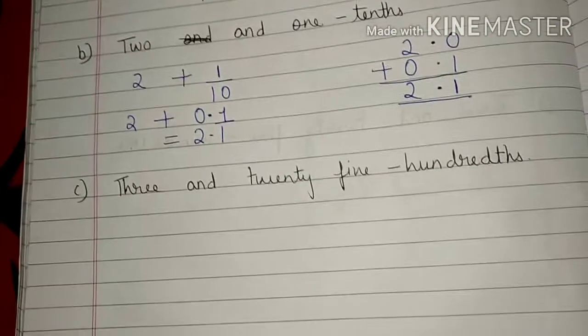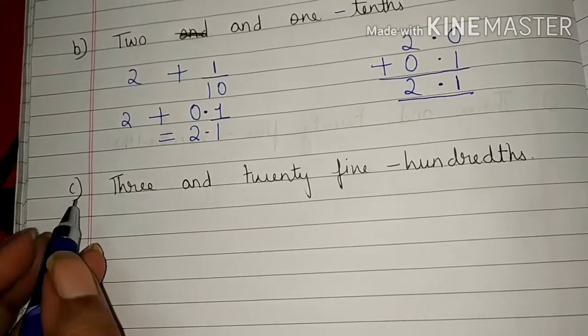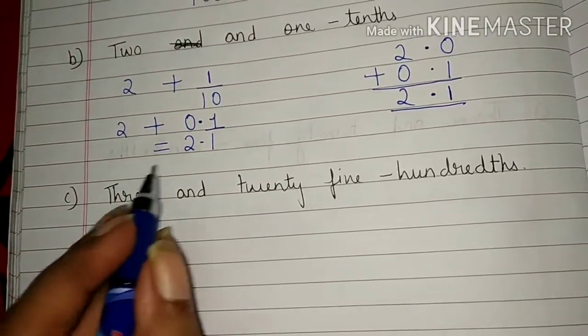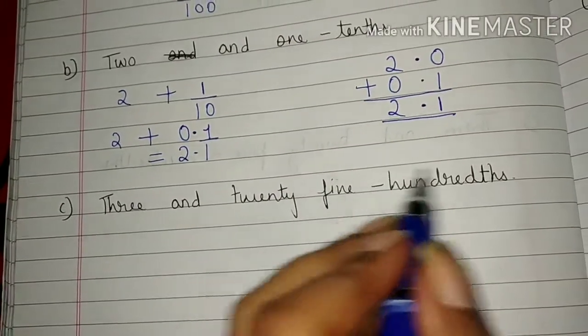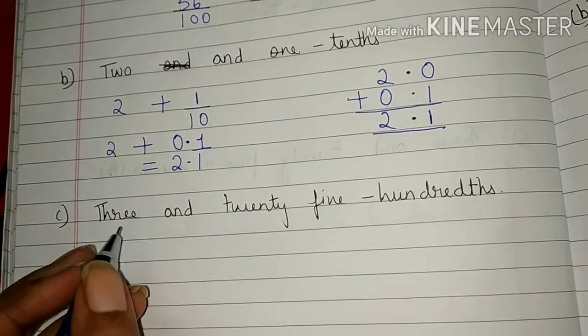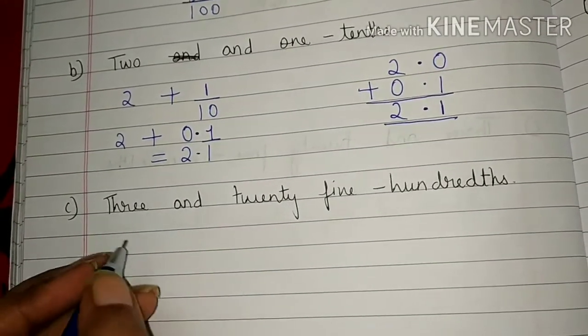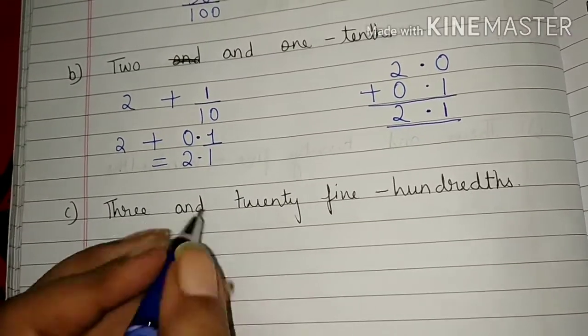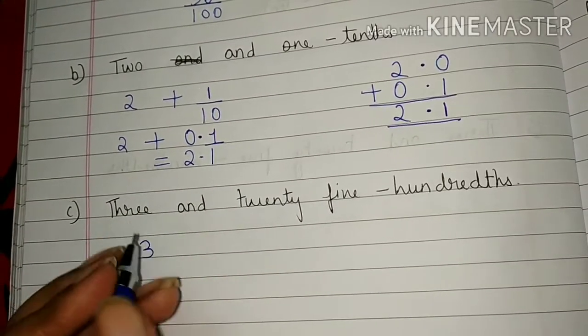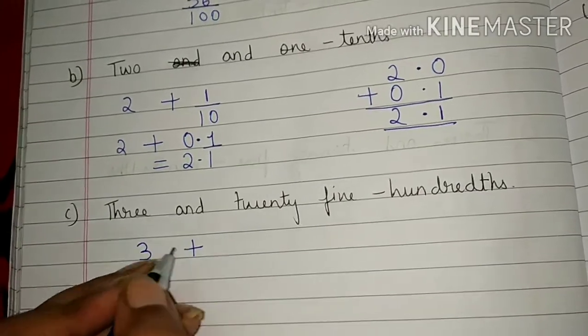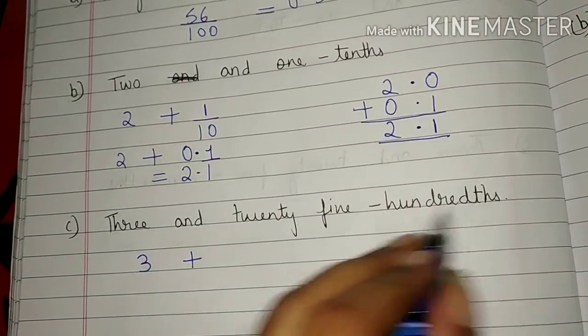Now students, come to C part. Question is 3 and 25 hundredth. Students, here it is written 3. So we will write 3. For and, we will write plus 25 hundredth.